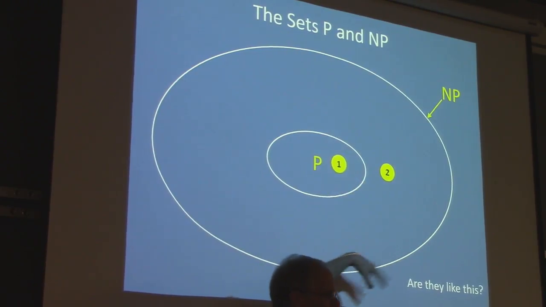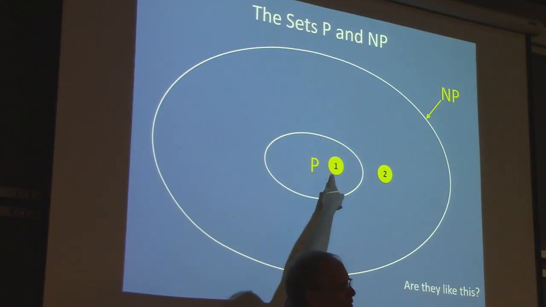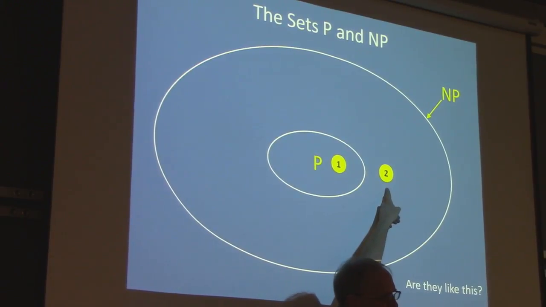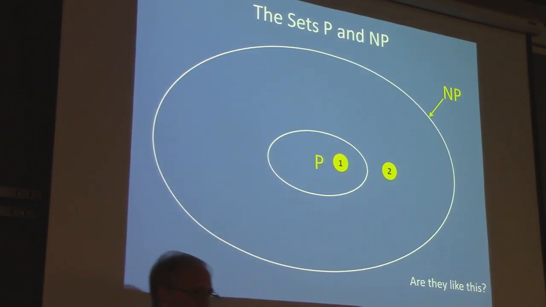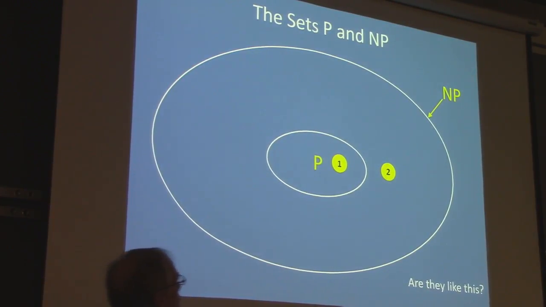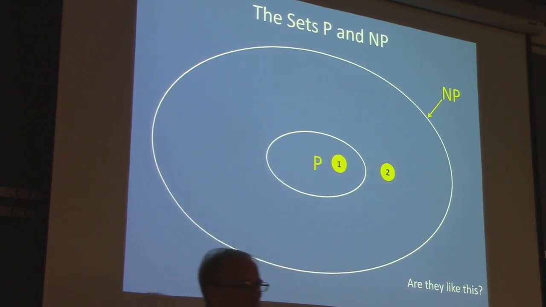So if this is the way the world is organized, then that would be the problem. This would be some problem on the right-hand side of that table I gave you. And this would be one of those problems like traveling salesman problem on the left-hand side. So P is a proper subset of NP. That's one possibility. There are some problems that can be verified in polynomial time that cannot be solved in polynomial time.